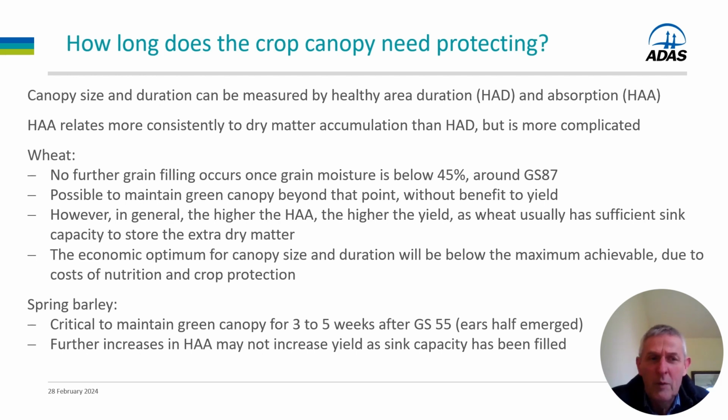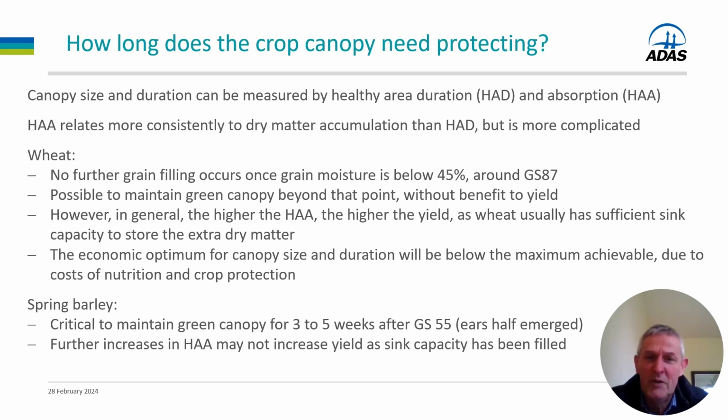For wheat, what we find is that no further grain filling occurs once grain moisture is below about 45%, which usually occurs around growth stage 87, and it's possible to maintain some green canopy beyond that point without benefit to yield.